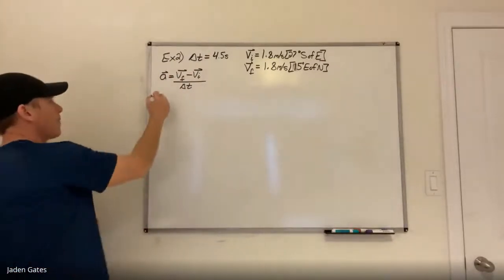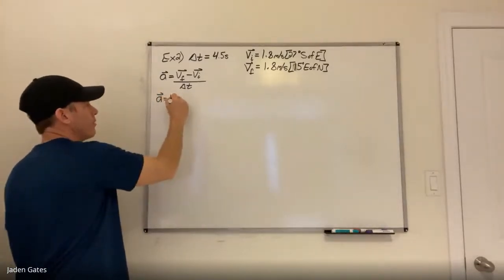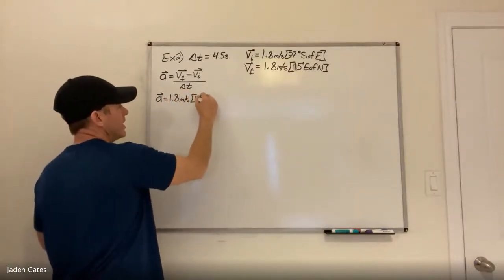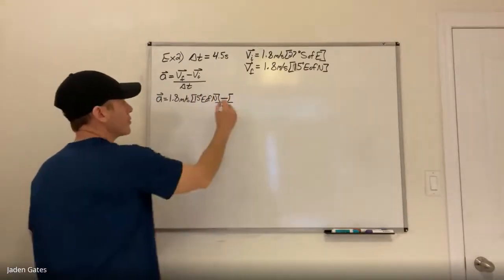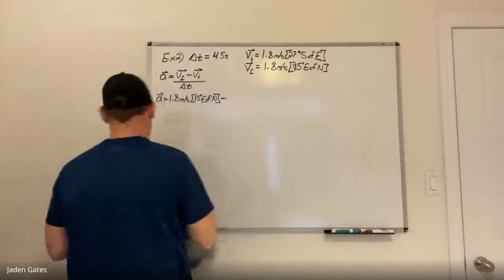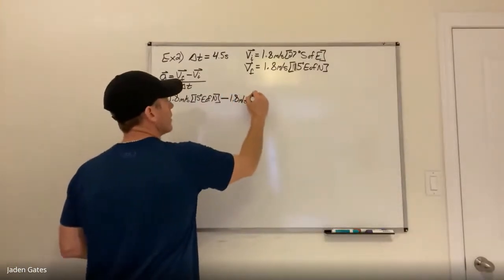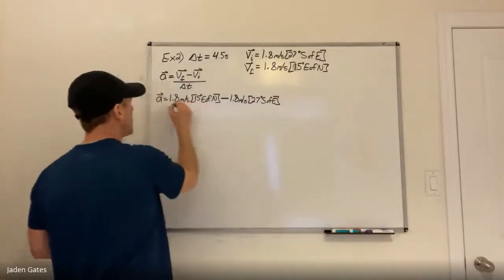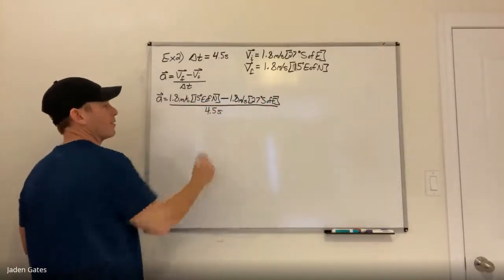A is equal to VF, 1.8 meters per second, 15 degrees east of north, minus VI, which is 1.8 meters per second, 27 degrees south of east, divided by my time, 4.5 seconds.